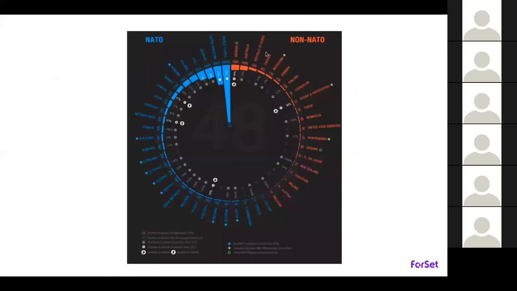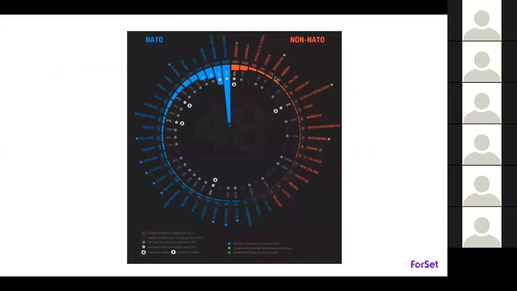Our main aim here was to show that Georgia, which is this one, has the biggest number of soldiers sent to the peacekeeping missions among non-NATO members. So by using this circular bar chart, we managed to put dozens of countries in a single chart.